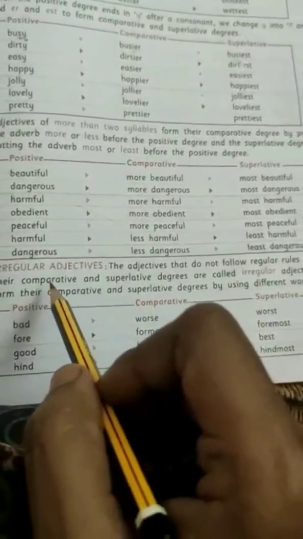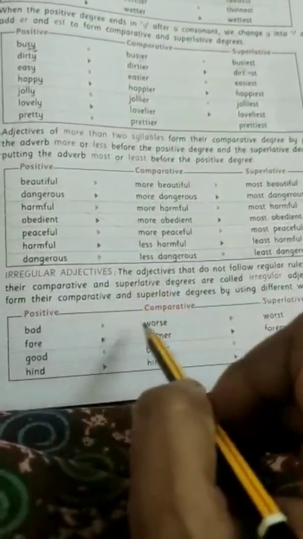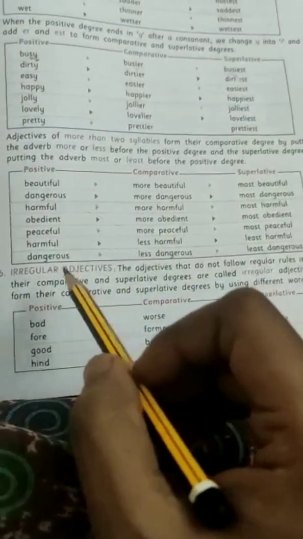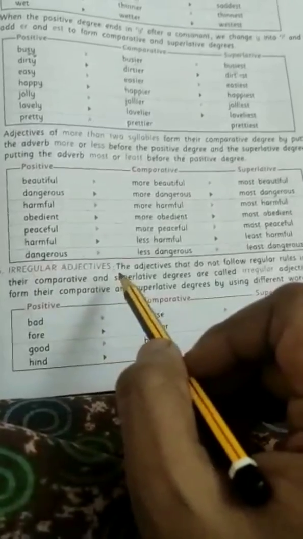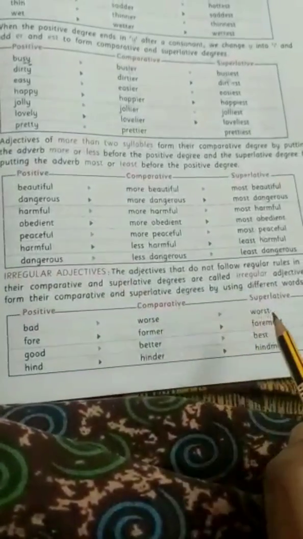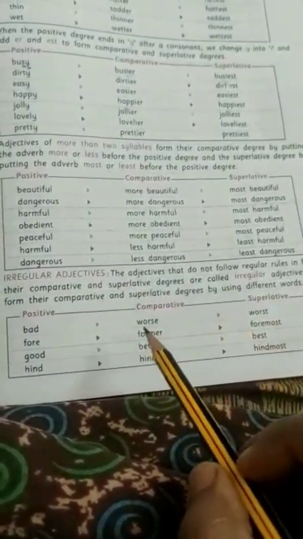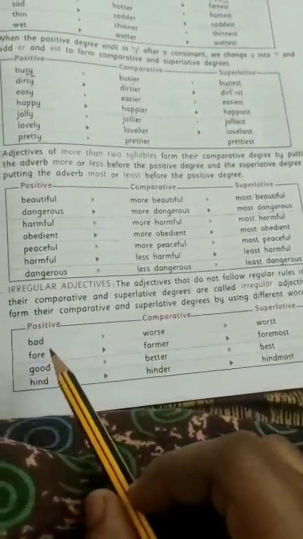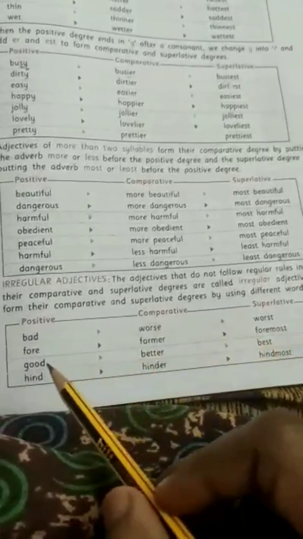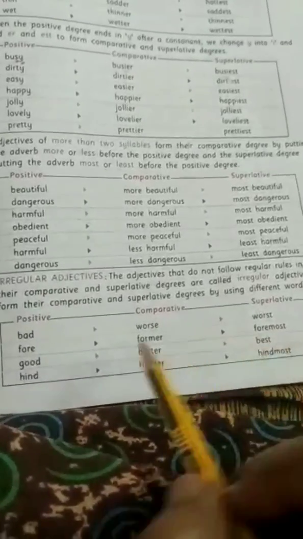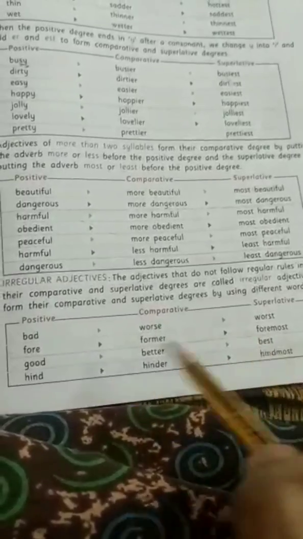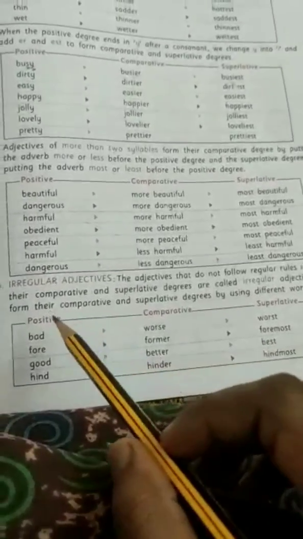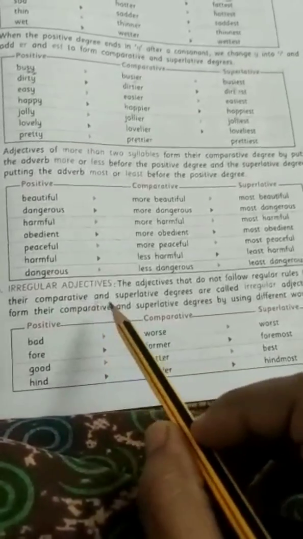So if adjectives are not following the regular rules, they will be called irregular adjectives, and their comparative and superlative words will be very different from the positive one. See, bad, worse, worst; fore, former, foremost; good, better, best; hind, hinder, hindmost. So these will be called irregular adjectives.